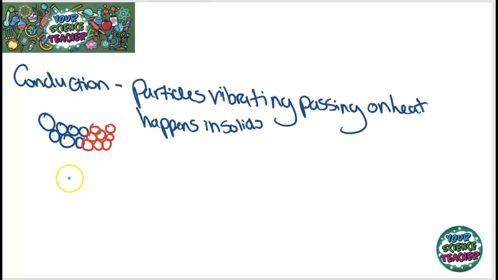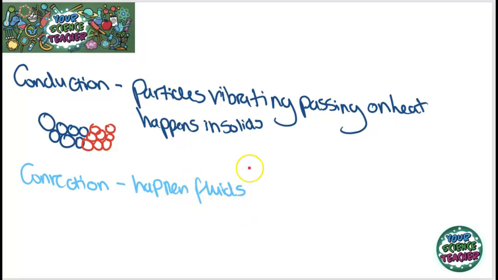Another form of energy transfer is convection. Convection can happen in fluids because fluids can move round from place to place. What happens with convection is that when you heat up particles, they become less dense.